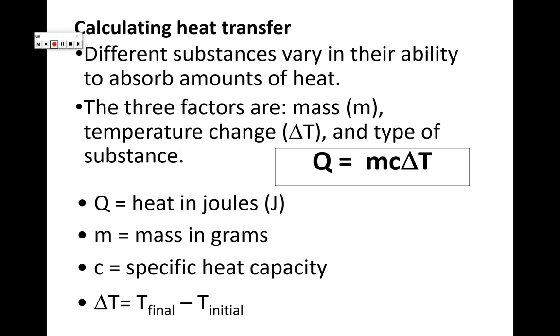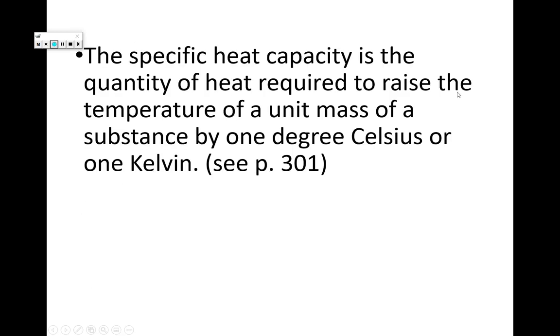Okay, so this slide is important. Again, Q is heat. Specific heat capacity is a reference value. So if you have a textbook and somebody has put a sticky note on page 301, 306, 307, leave those in there because there are reference values.